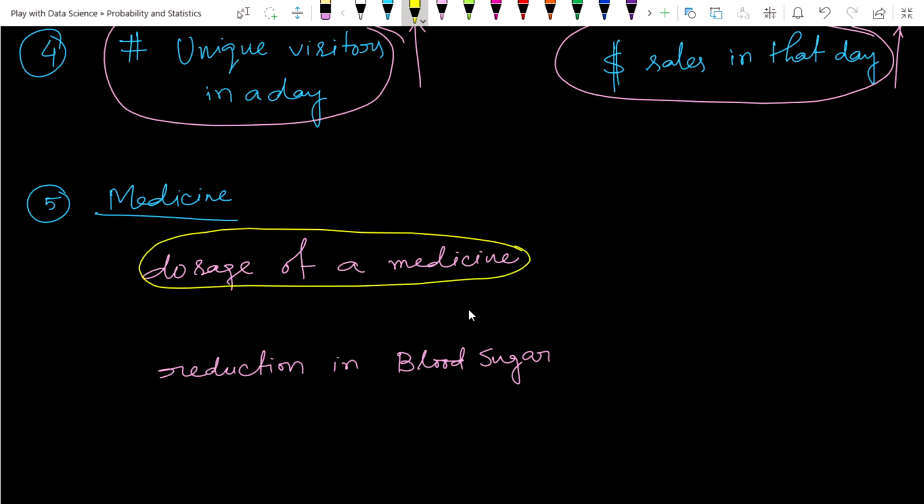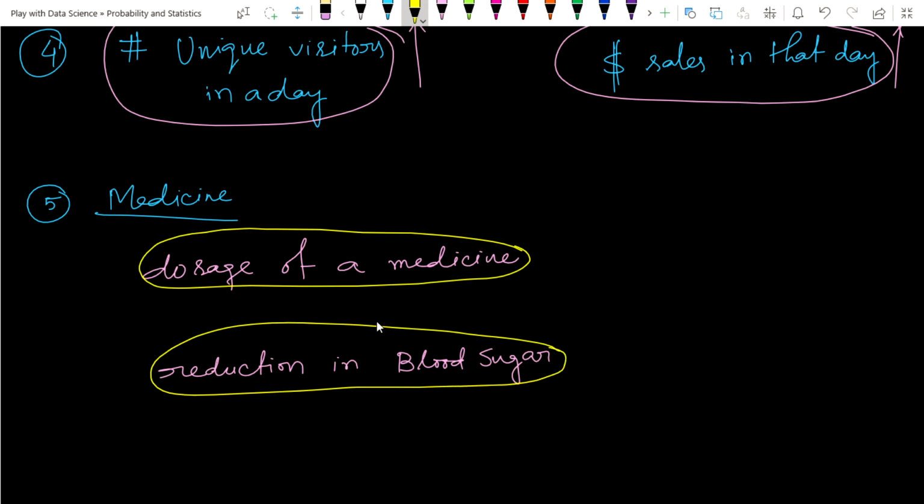Suppose a new company in our market has built a new medicine for blood sugar, and they want to find the relation between the dosage of the medicine and the blood sugar, and how many doses are actually needed for reduction.